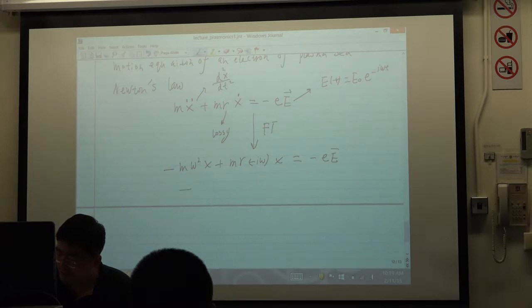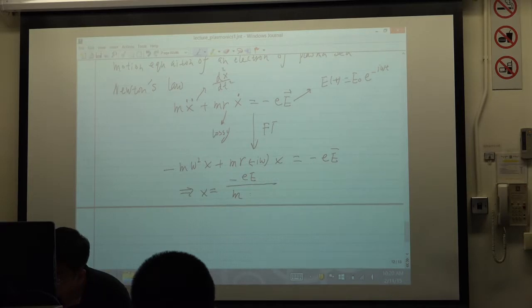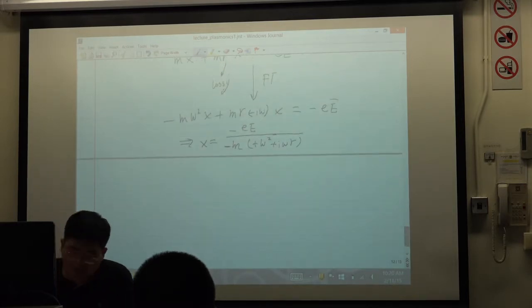Then you can get x equal to something over m times minus omega squared minus i omega gamma.